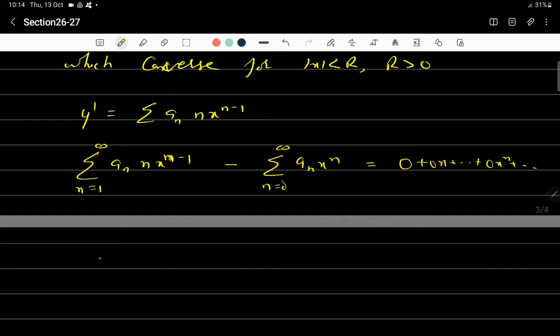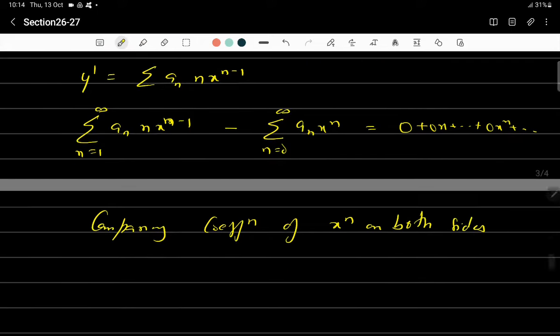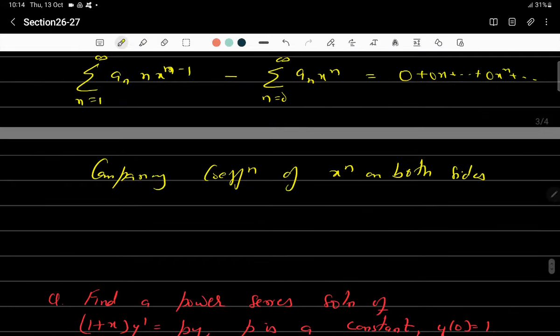It means comparing the coefficient of x raised to the power n on both sides, then I will get, so here n is the coefficient of x raised to the power n minus 1.